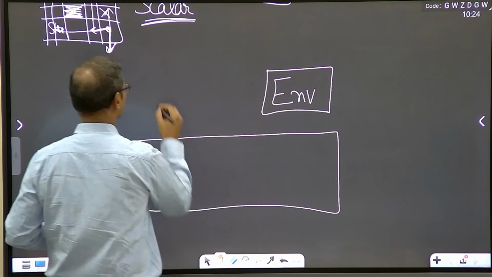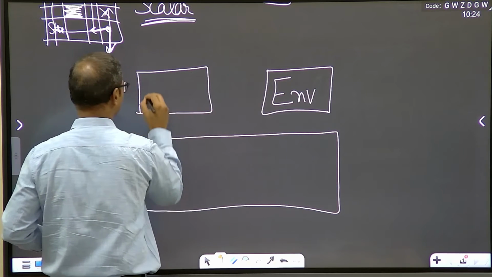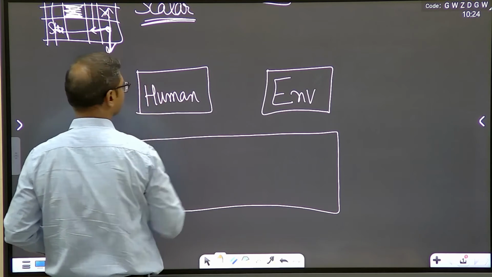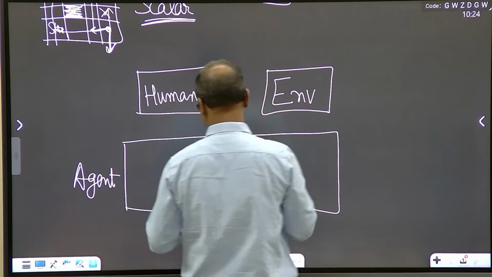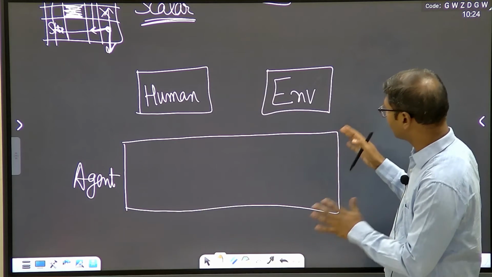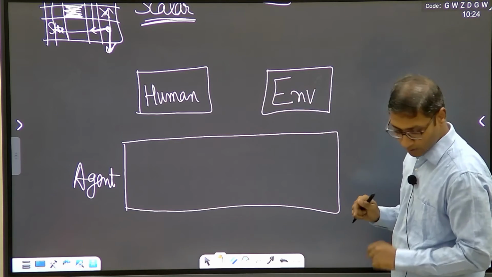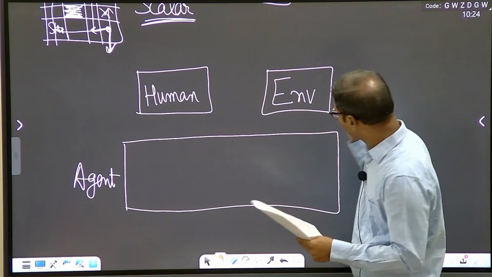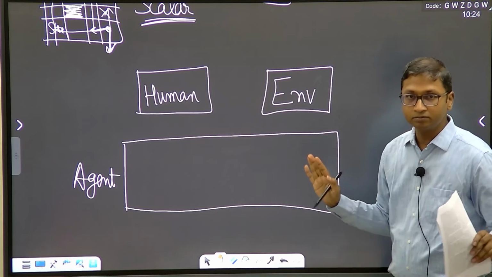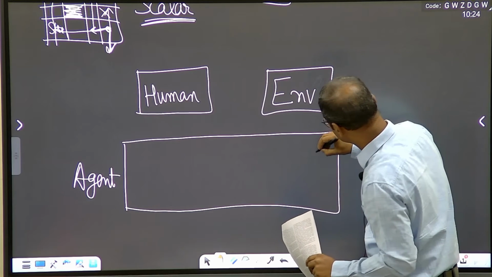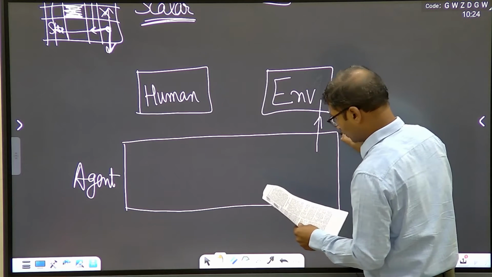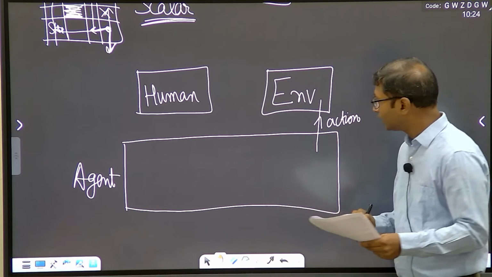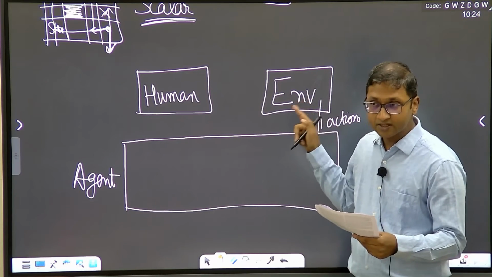This is where a human is sitting somewhere. Right. So how should we try to put arrows now? What it says here is, who is going to still take action? Action is still taken by the agent. So let us put this thing as action here. What else? Environment is still going to return me.